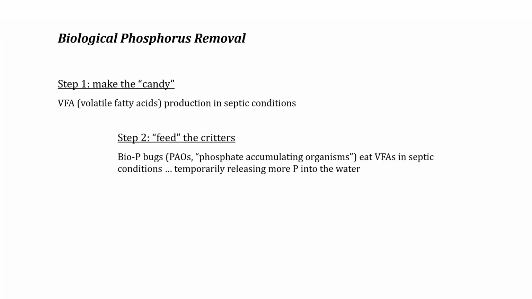Now, as I mentioned in the nitrogen summary, if there are nitrates in the wastewater, the organisms that remove nitrate love volatile fatty acids, and they will outcompete the phosphorus organisms. So there's a little bit of a struggle there.